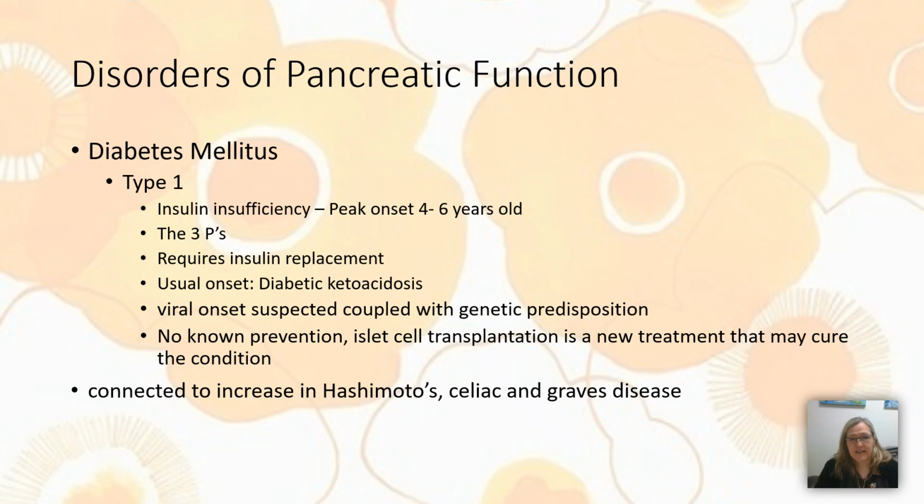So that's an exciting new treatment, because this is a significant disease, and if you can actually cure it, that would be amazing. So also remember, I said that if you're at high risk for one autoimmune disorder, you're at high risk for others that are on the same genetic allele. So this particular diabetes, type 1, is also associated with Hashimoto's thyroiditis, celiac, and Graves' disease.